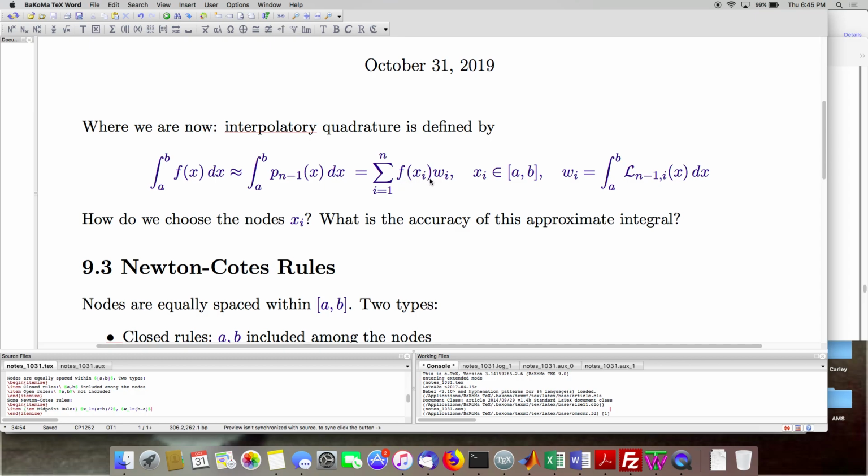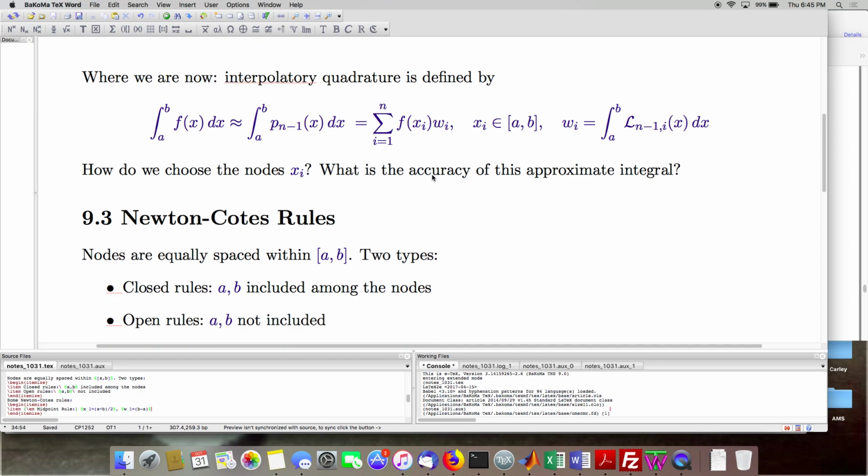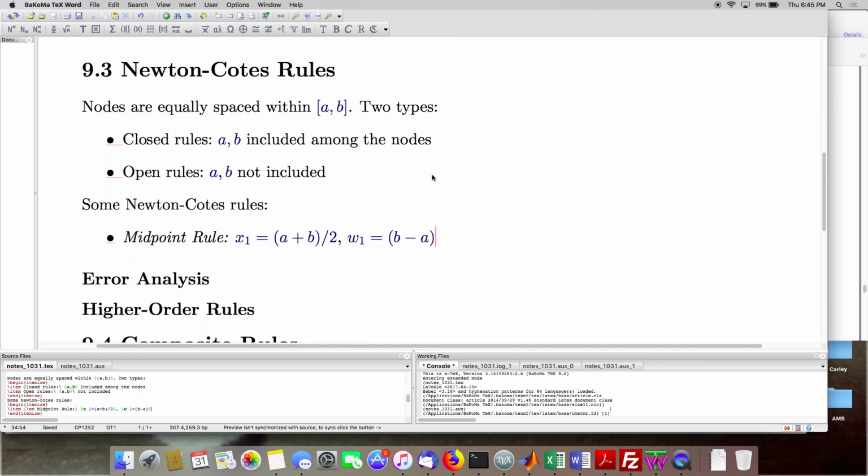If it is, we pull it out of the sum. Now, the integral of a constant function over [a, b] is the constant times b minus a. Well, look at this quadrature rule. If f is a constant, then we factor out the constant, and what's left? The sum of the weights. So those two must be equal. The sum of the weights has to be b minus a. Okay. All right.